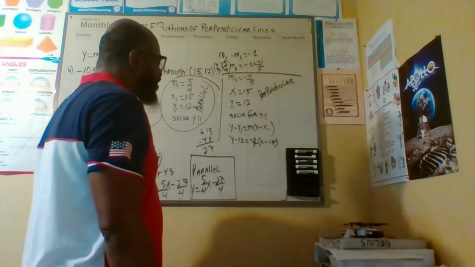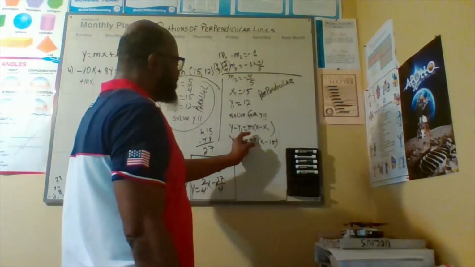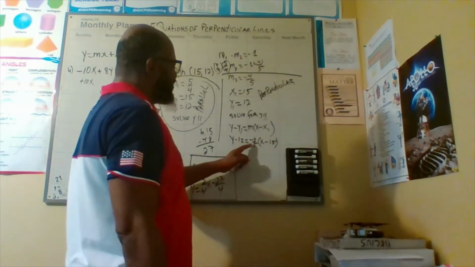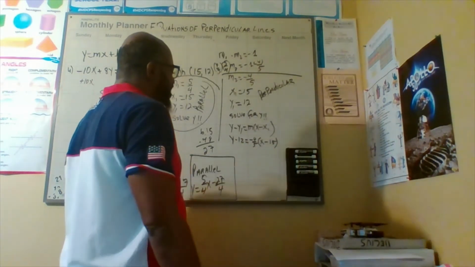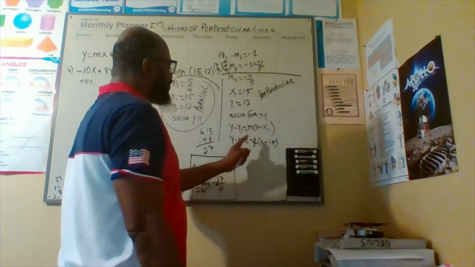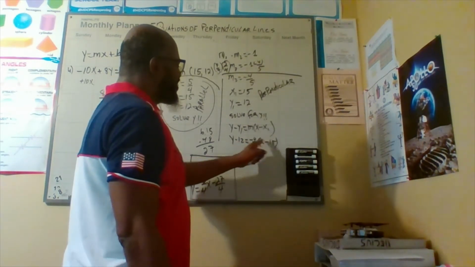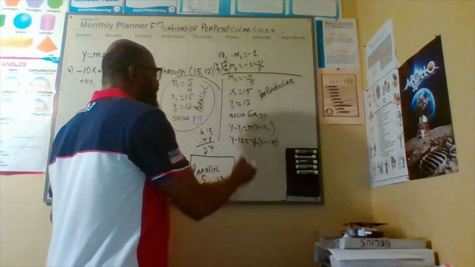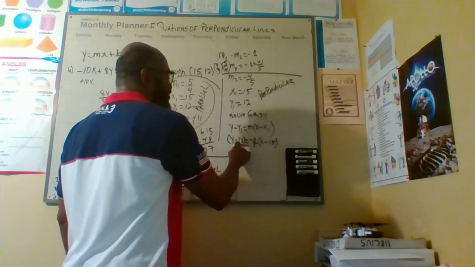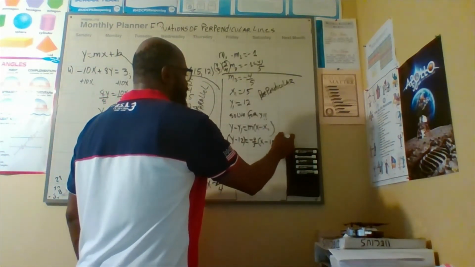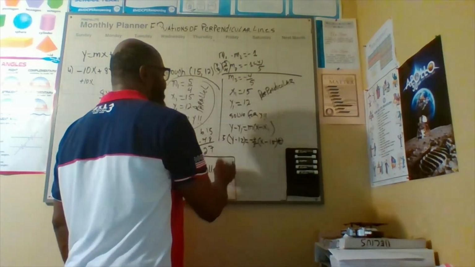So I always said, if you don't know, the easiest way to do the fraction is multiply both sides by 5. This 5 will always cancel with that, then you do the distributive property. You have 5y minus 60 equals negative 4x plus 60.